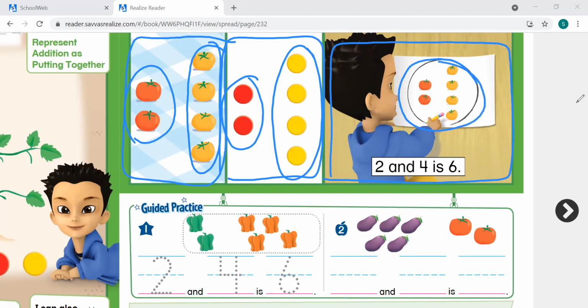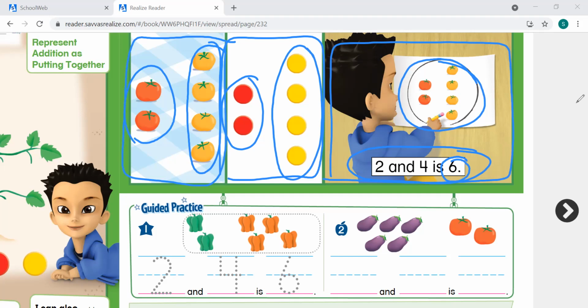What is this sentence down here telling us? It's telling us how many there are in all when you put the groups together. How many are there in all when we put together 2 and 4? 6. So 2 and 4 is 6.